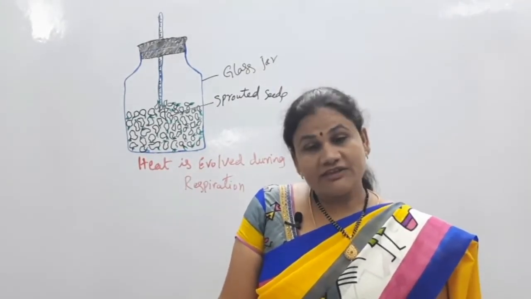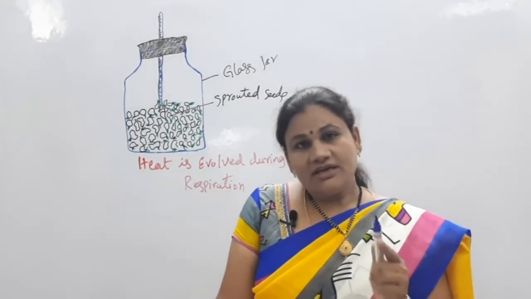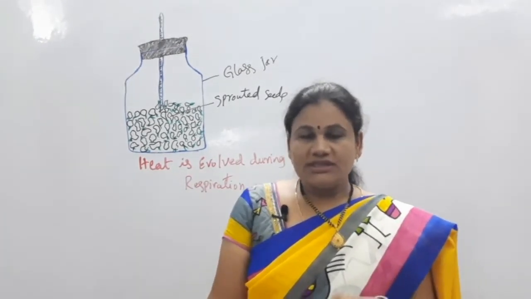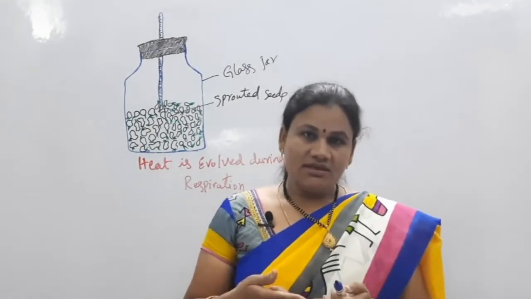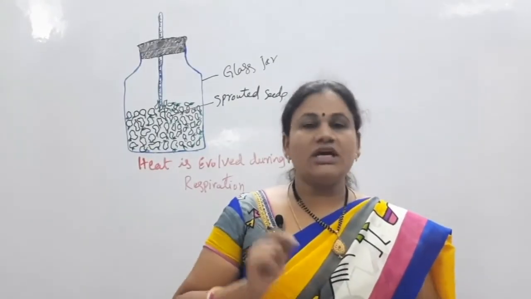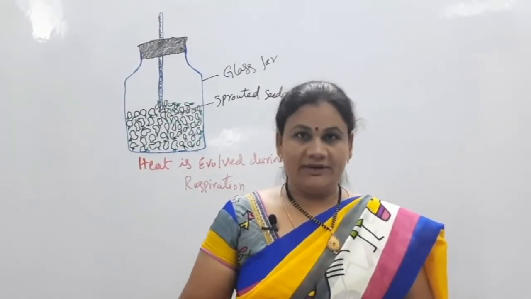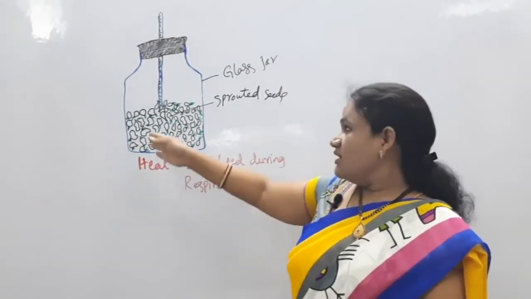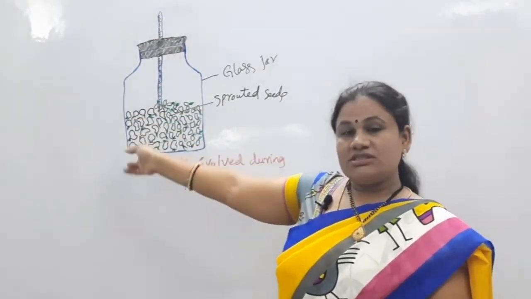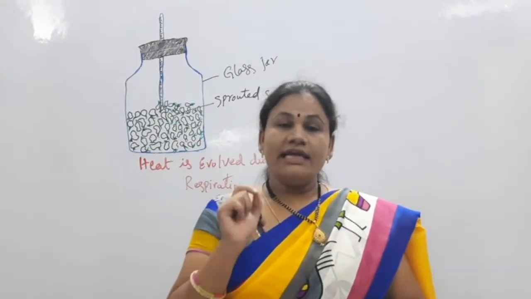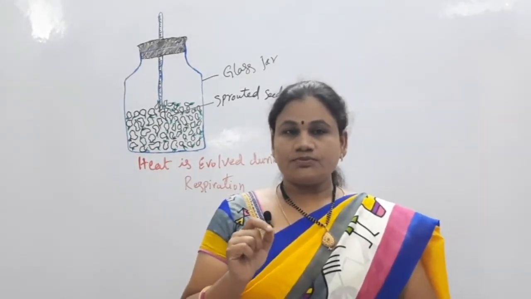In the first activity, with germinating seeds and lime water, the germinating seeds release CO2, and this CO2 converts the lime water into milky white. But in this activity, we insert a thermometer, and the thermometer shows the increase in temperature.